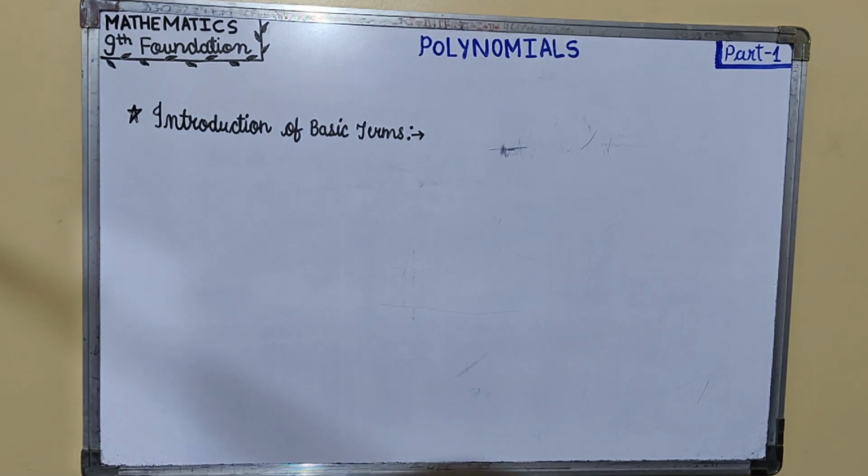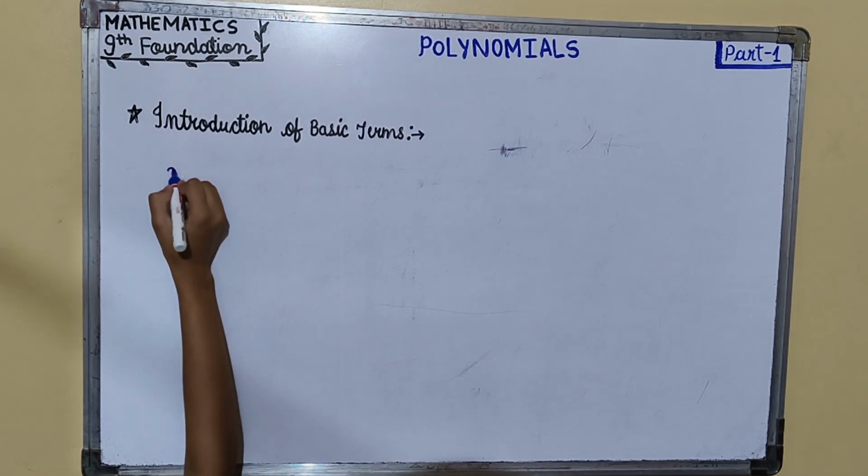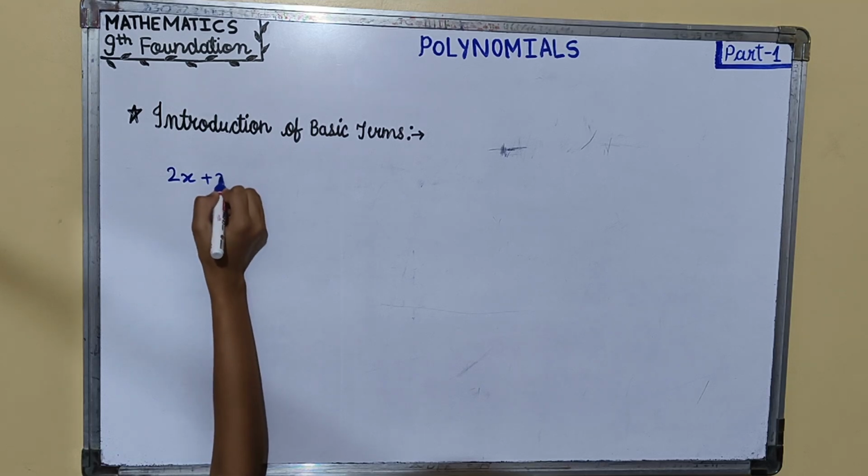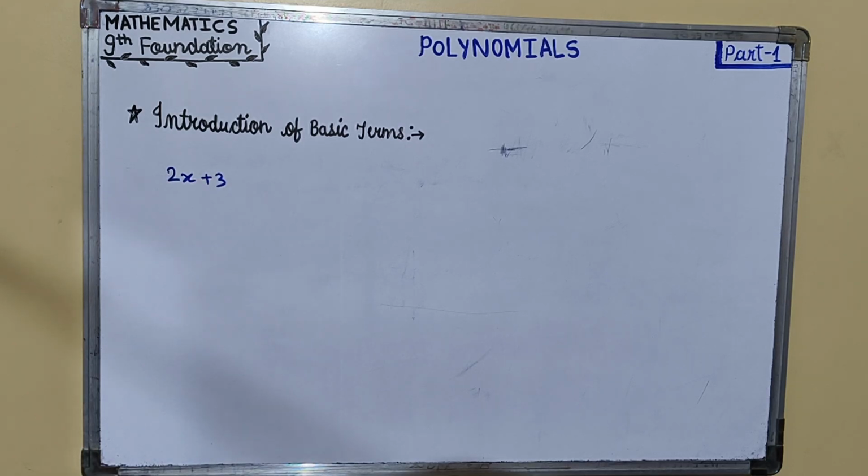For understanding, let us consider an example, that is 2x plus 3. Here x is called a variable, 3 is called a constant and 2 is called the coefficient of x.